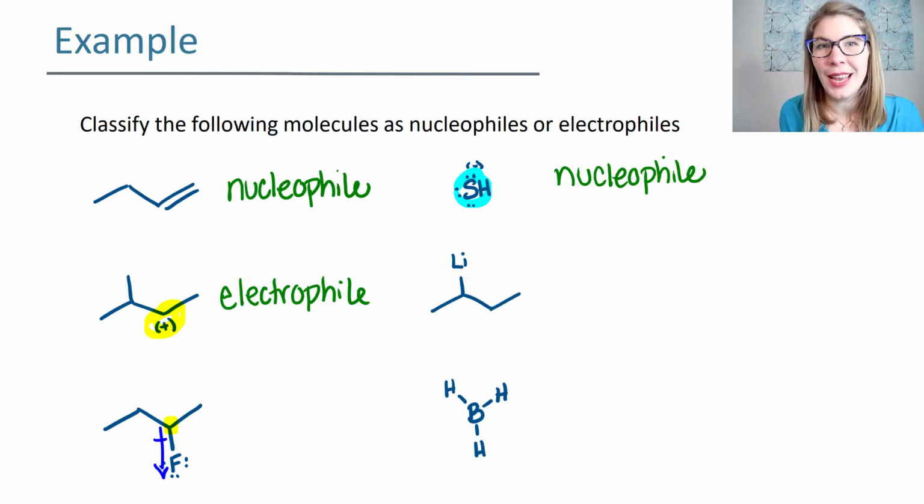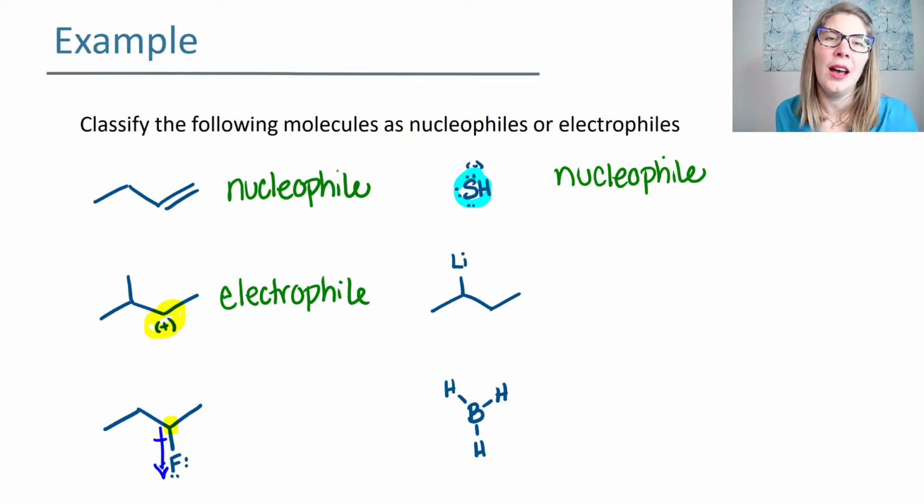You could also say that the fluoride itself, the fluorine with its lone pairs, could act as a nucleophile. And yeah, I mean, that's true. But most of the time, what's going to happen in the reactions that we're going to see is, when there's a lack of electrons on that carbon structure, we're going to call that structure an electrophile.